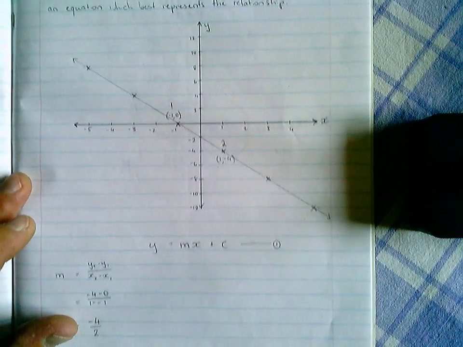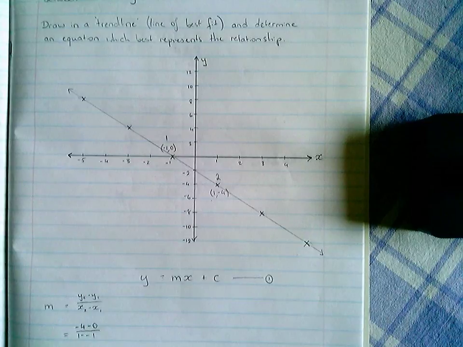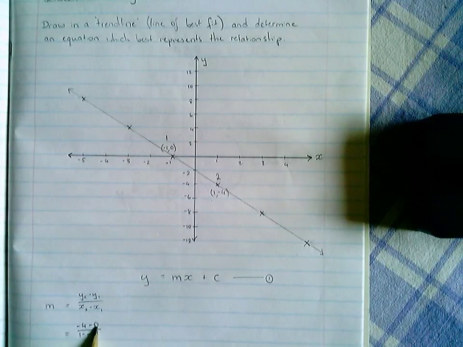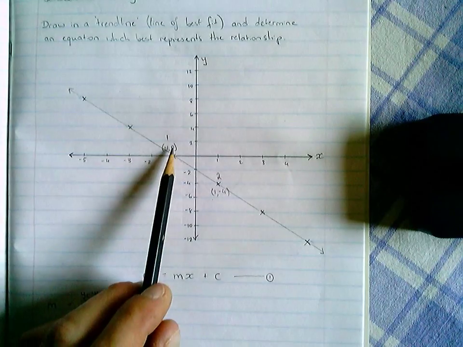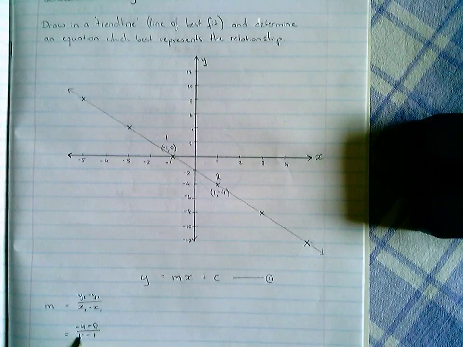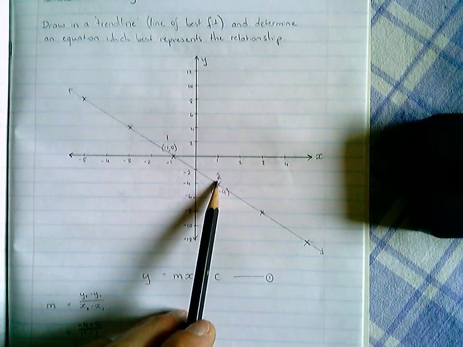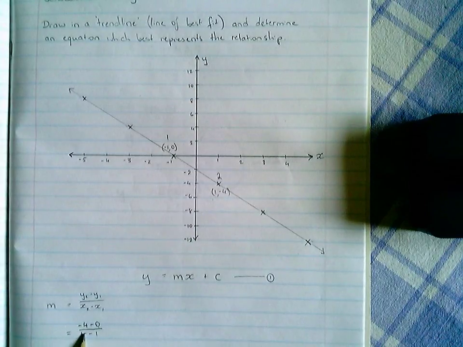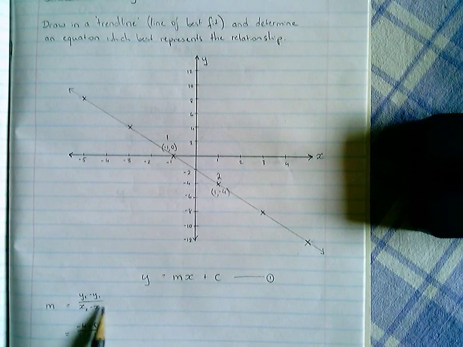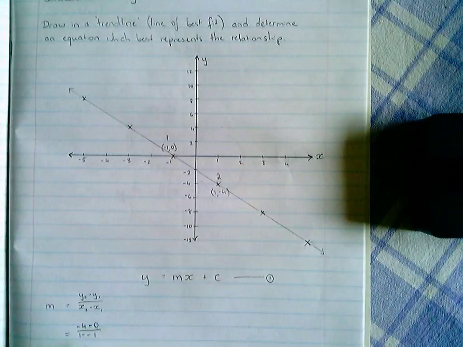So when I substitute in for the x and y values of those 2 points, I get -4 as a y2 value, minus 0 as a y1 value, divided by 1 as an x2 value, minus x1, which is -1, thus why I've written -1, and again, like example 2, we have a double negative situation, which means we have to turn it into a positive, meaning we have 1 plus 1.